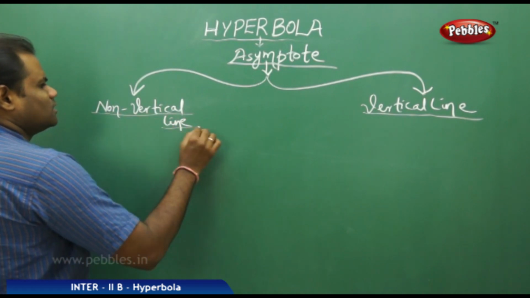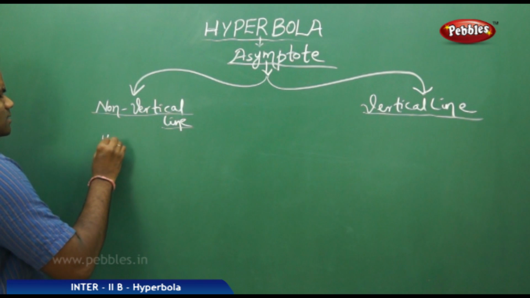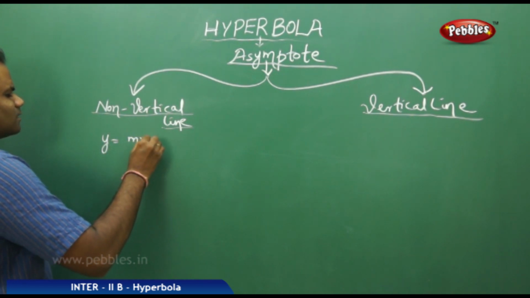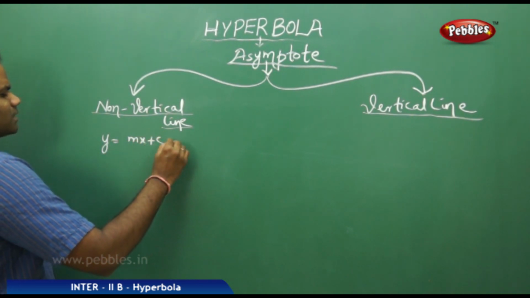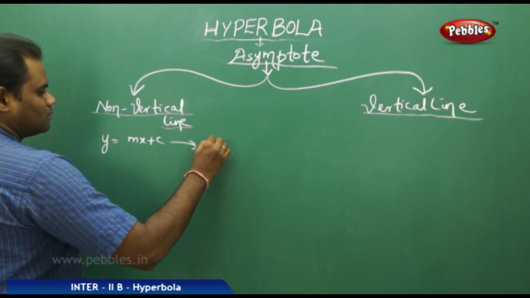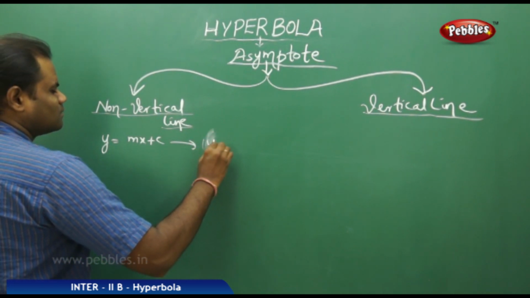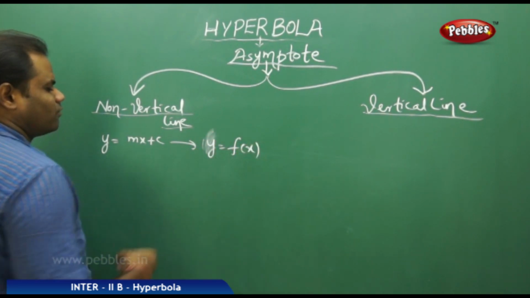So an asymptote is a non-vertical line, suppose y is equal to mx plus c, will be an asymptote for the hyperbola y equals f of x.